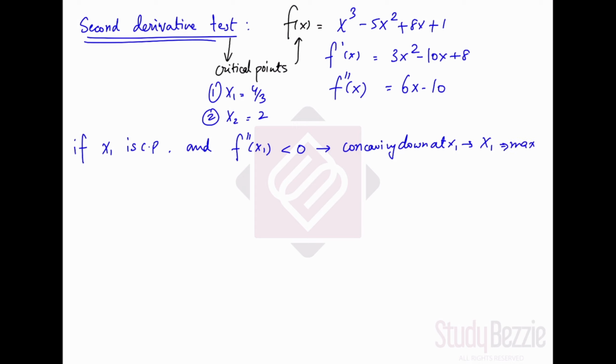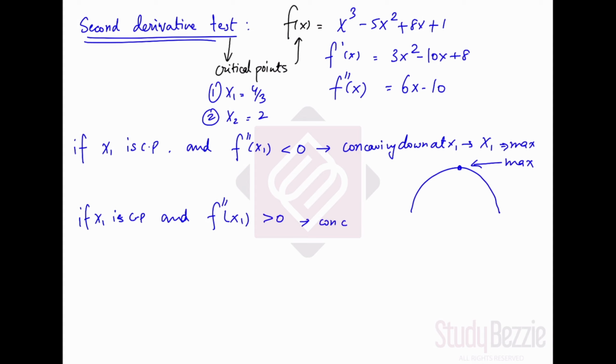Okay, because if you have a function that's concaving down and has a critical point, it will have this kind of shape where this automatically becomes the max. Okay, and if x1 is a critical point and your concavity at that critical point x1 is positive, so it's concaving up, that implies that x1 will be a minima, because if your function is concaving up and has a critical point, it will have a shape like this. That makes the point automatically a minima, right?